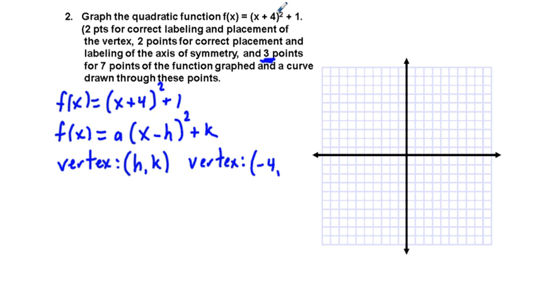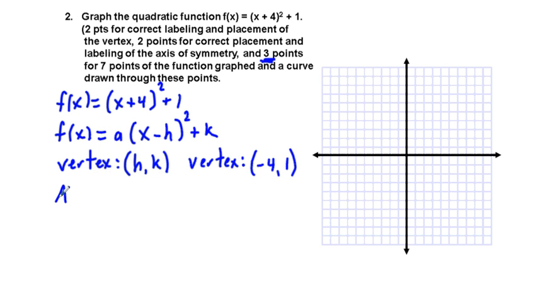If you remember your translations, if you have plus a number inside parentheses, that number shifts the function that many units to the left. If we have x minus, it'll shift to the right. And then we have our k, which is 1. So that is our vertex.